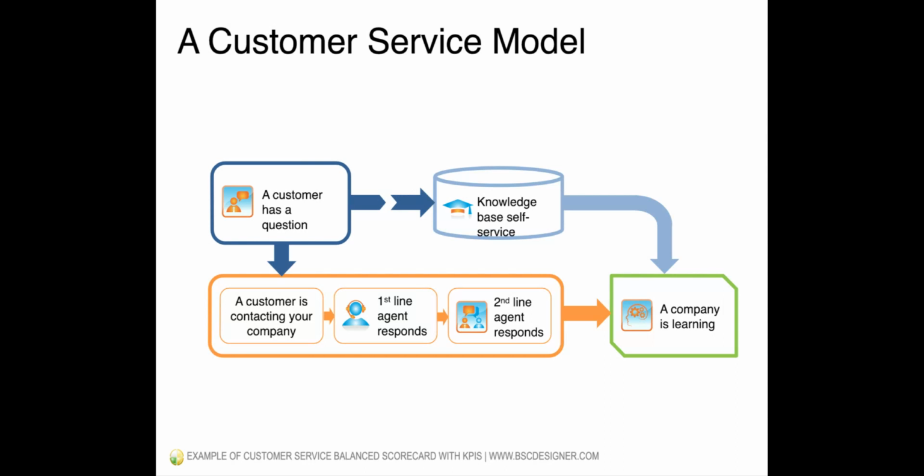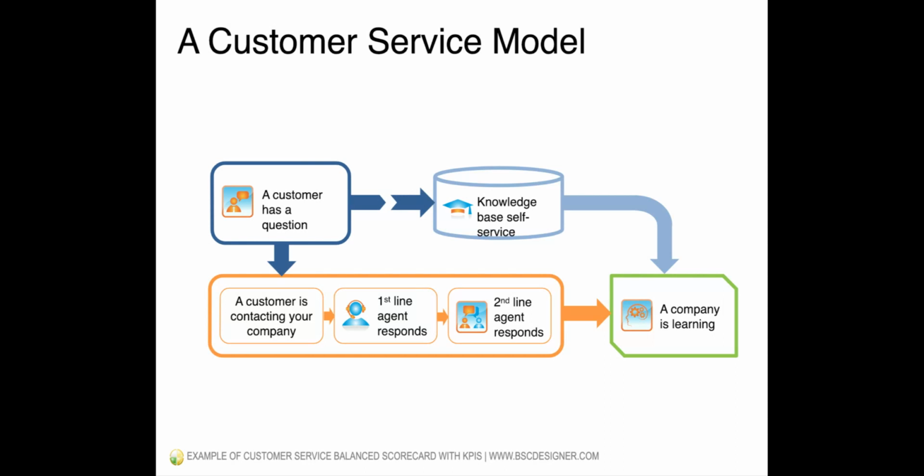Okay, so we had an idea about customer service and the model of how it's supposed to work. Let's see how we can respond, how we can improve, because the balanced scorecard is about strategy. It's about executing your strategy, and strategy is about making choices.